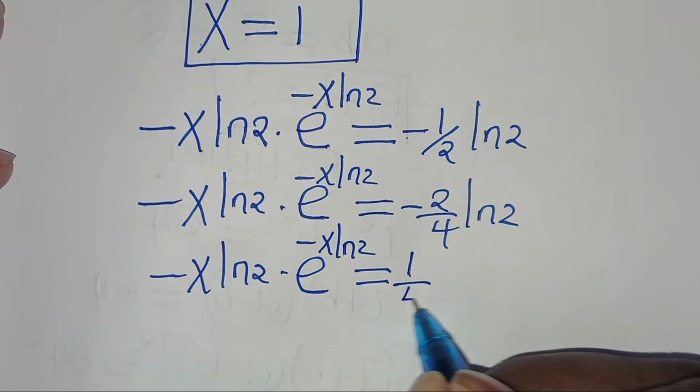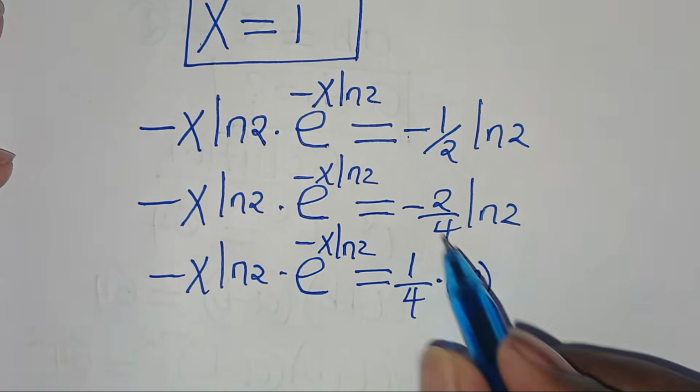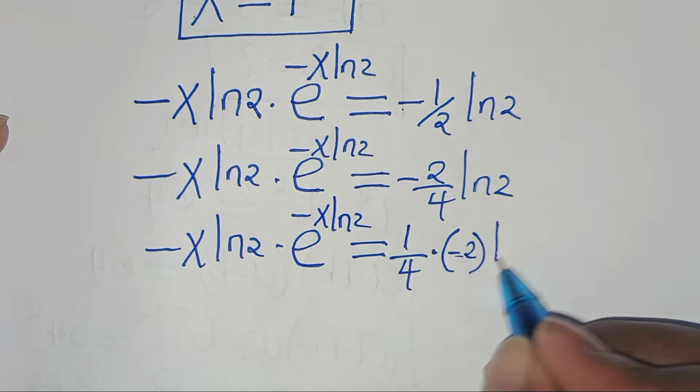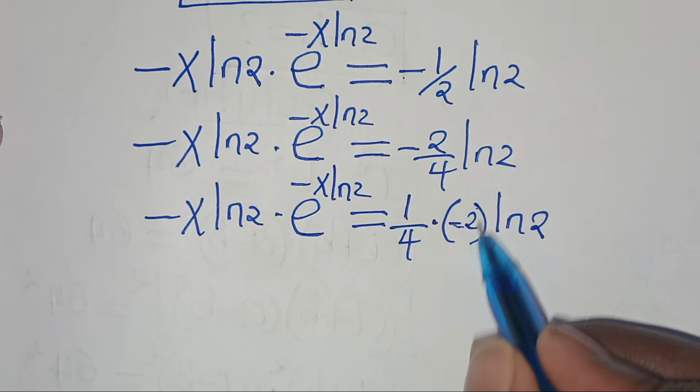This is the same thing as 1 over 4 times minus 2 multiplied by ln of 2. Now remember this is a power.